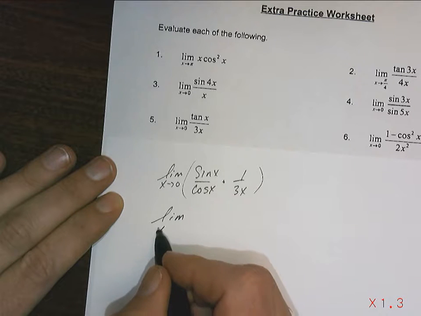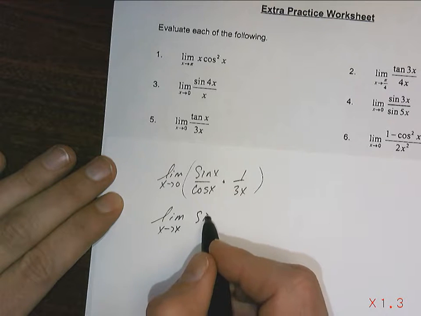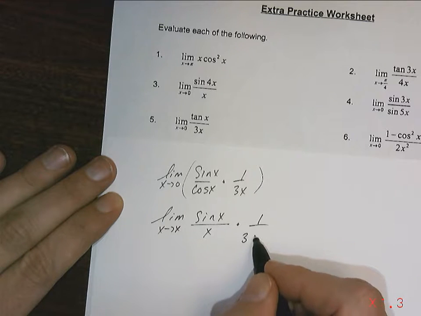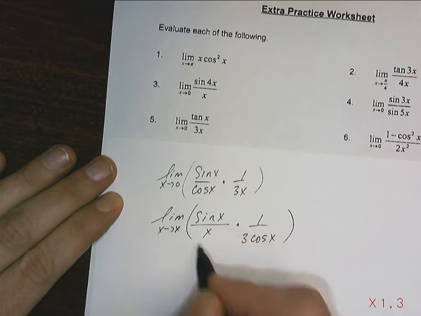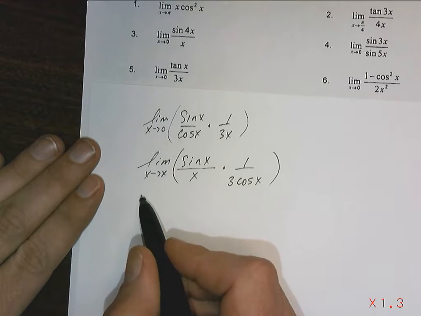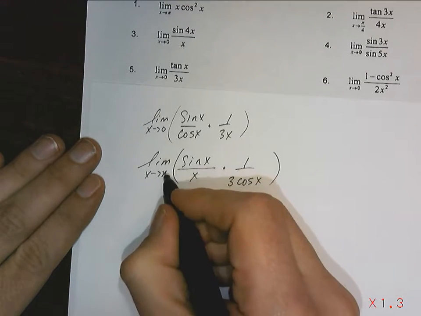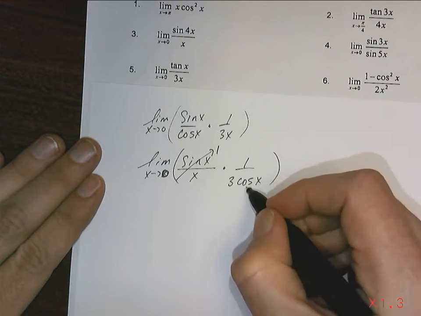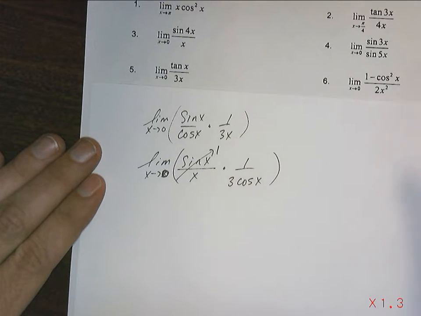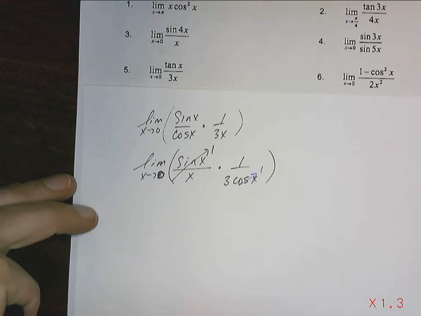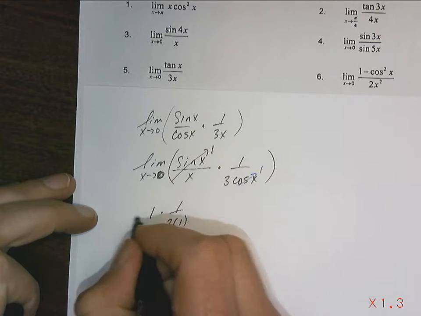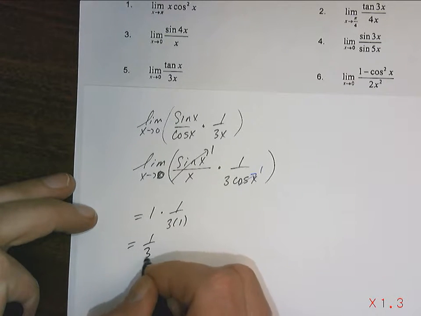So I'm thinking of breaking this up into sine x over x times 1 over 3 cos x. Taking a look at those limits separately as x approaches 0, this is going to go to 1. As x approaches 0, cos x is going to 1 as well. So what we're going to have is 1 times 1 over 3 times 1, which is 1/3.